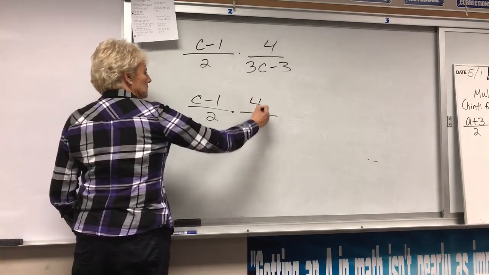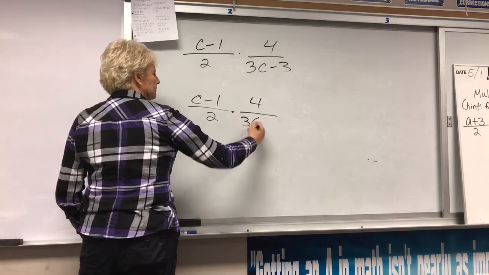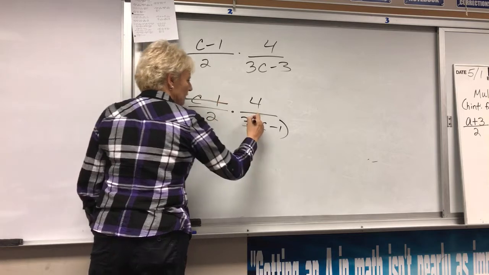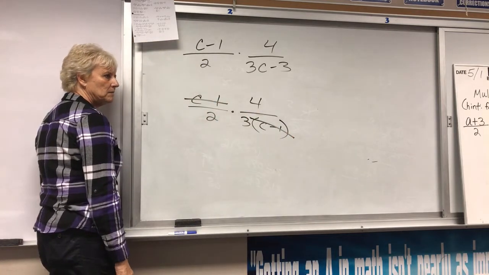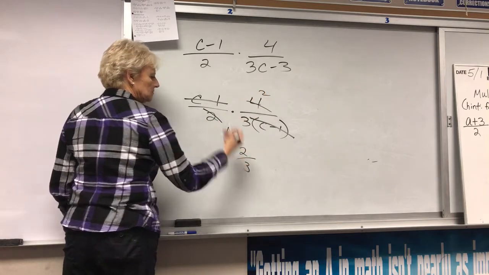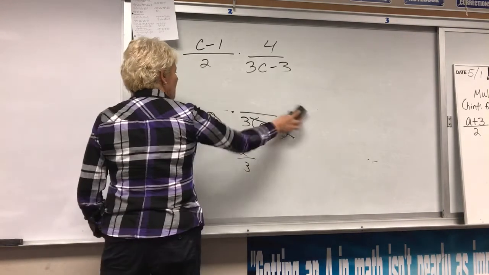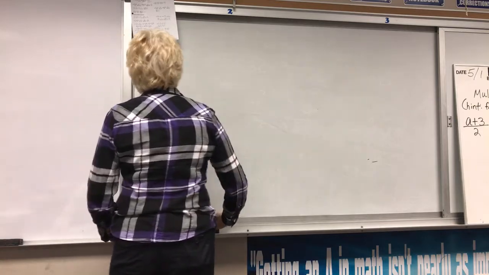Maya? What do I do? I kept 3 parentheses C minus 1. You wanna cross anything out? I crossed out 4 and 2. We good? Once you get good at what you did Friday, this is not that hard.